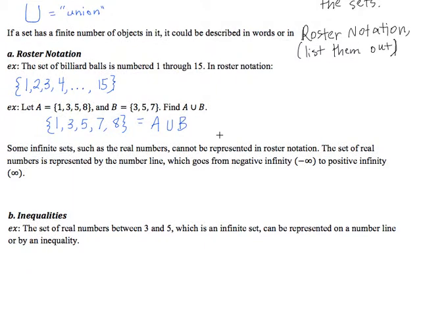So some infinite sets, though, for example, such as real numbers, that would be just any non-imaginary number, cannot actually be represented in roster notation because it would be impossible to list them all out. Right? You can't actually write out infinitely many numbers. You'd be writing forever. So instead, there's other ways to describe infinite sets.